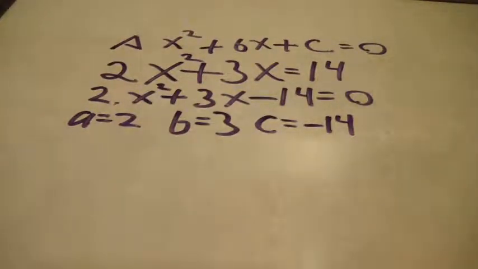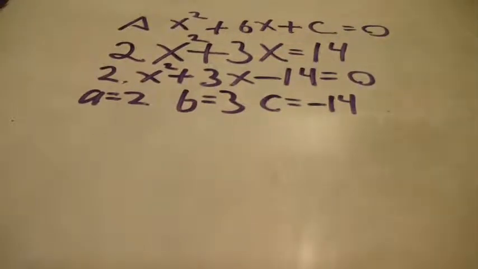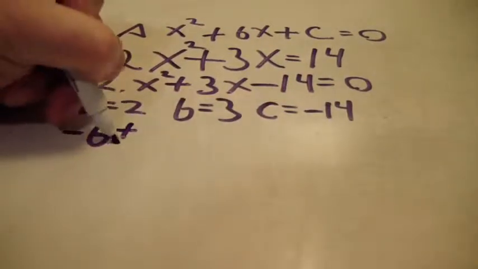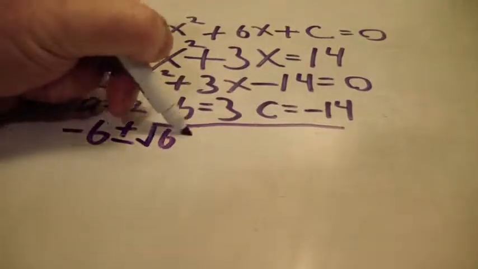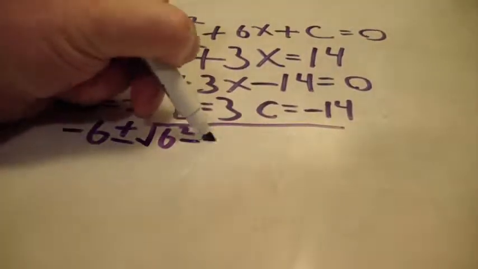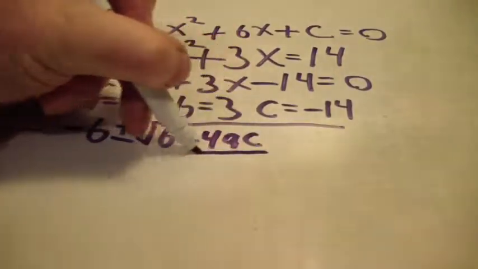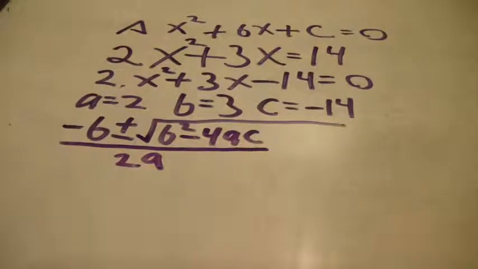So now we look at what the quadratic solution looks like, which is negative b plus or minus the square root of b squared minus 4 times a times c, divided by 2a. Okay?